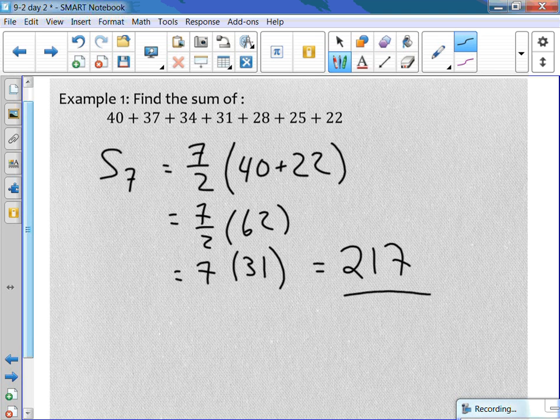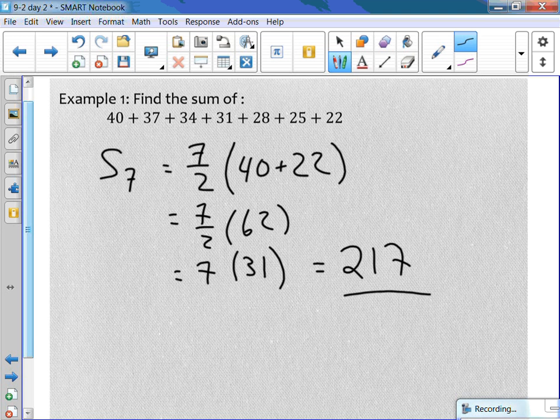So here we come up with the sum of this arithmetic sequence, 217. If we wanted to, we could have just done 40 plus 37 plus 34 plus 31. Come up with the exact same answer.